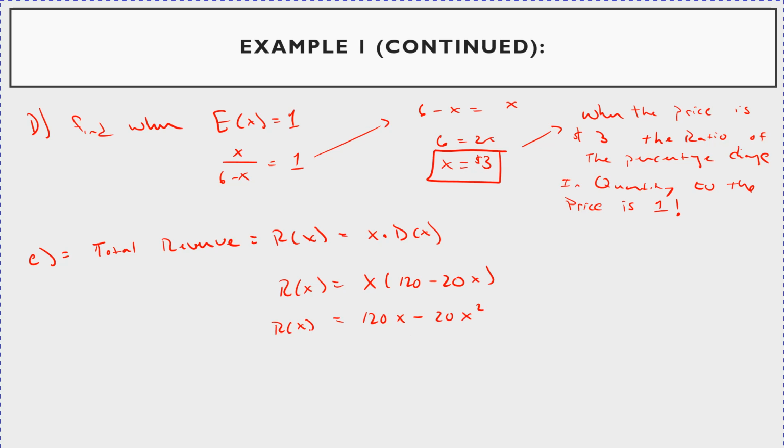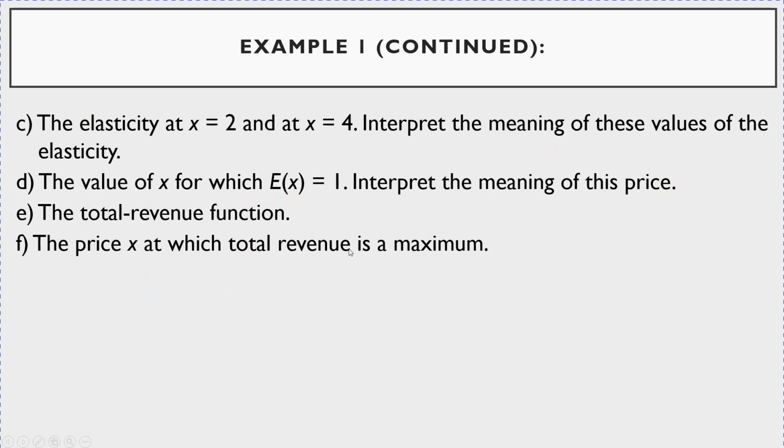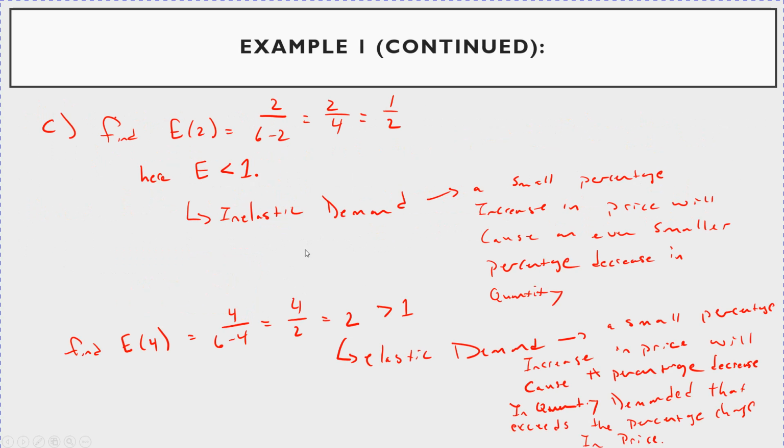All right, so then once you know the total revenue, as a business, the last thing you might want to do, obviously, is maximize total revenue. So let's find the price x at which total revenue is a maximum. So find the price that maximizes total revenue.